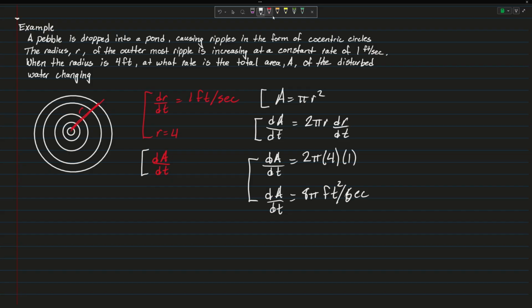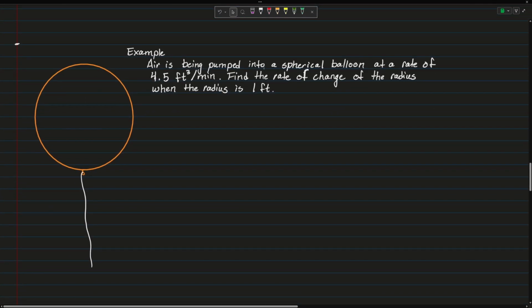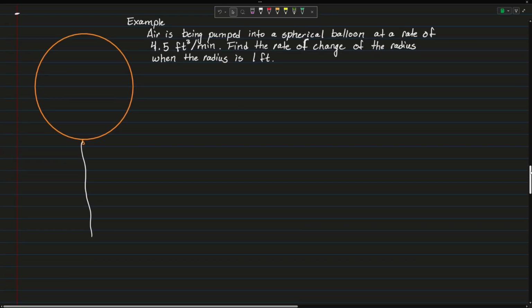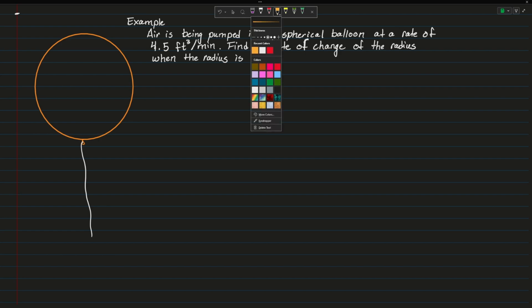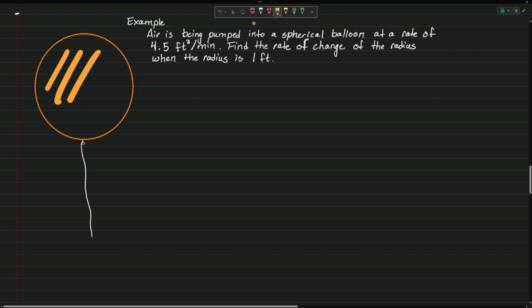Okay. So another kind of classic example is air being pumped into a balloon. So in this example, air is being pumped into a spherical balloon at a rate of 4.5 feet cubed per minute. Okay, so find the rate of change of the radius when the radius is 1 foot. Okay, so we have air in this balloon, which is just a volume.